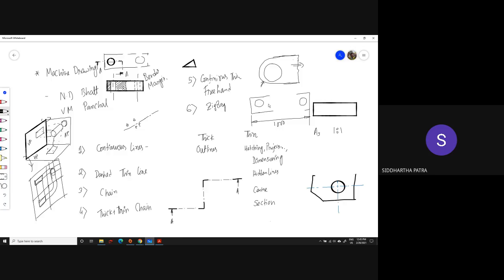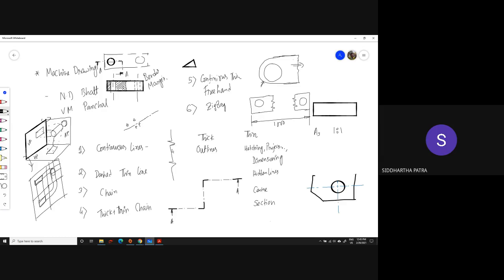So what I'm doing now is drawing these zigzag lines, and they are supposed to be drawn using a scale, and the angle that they make. So the zigzag lines are like this, okay.